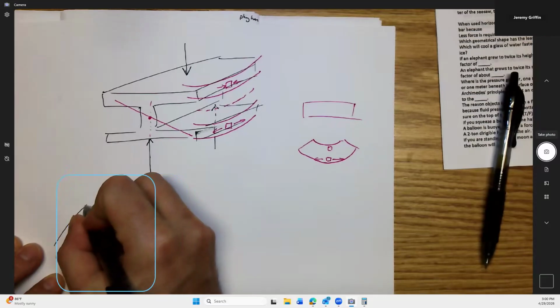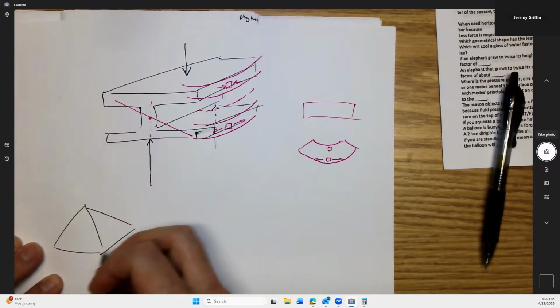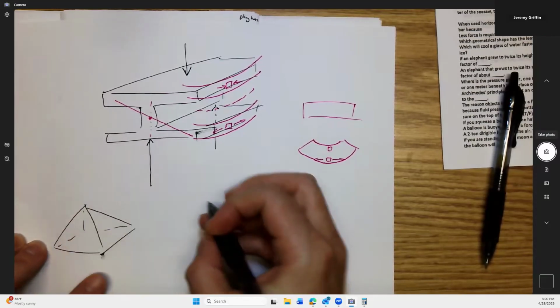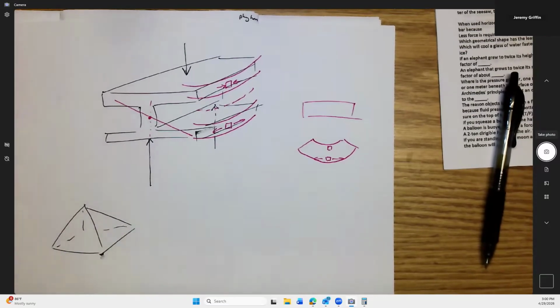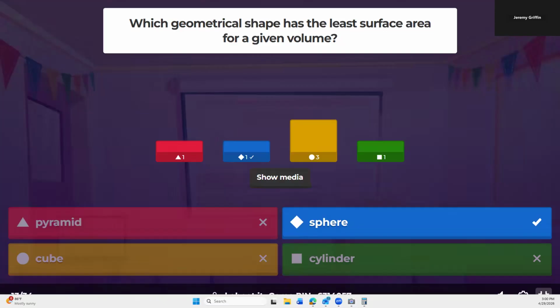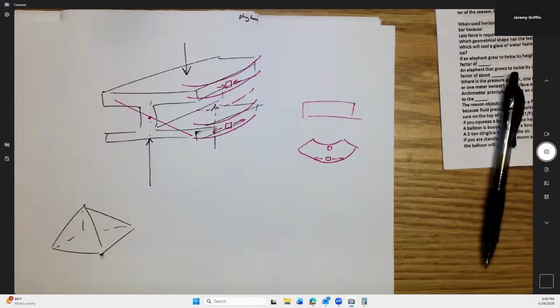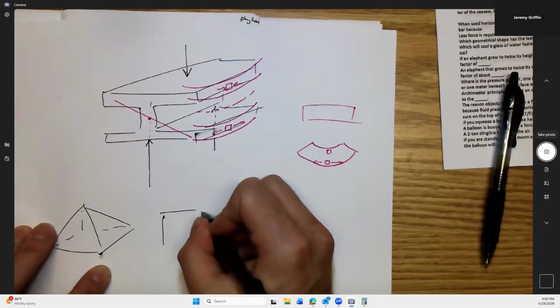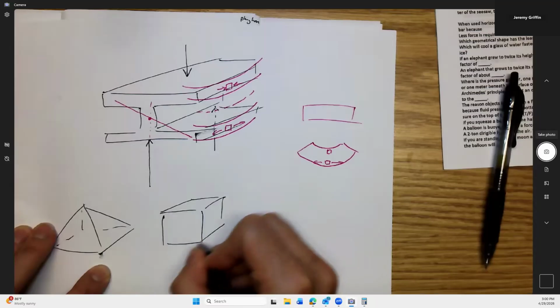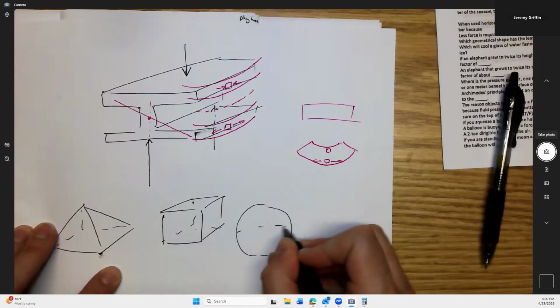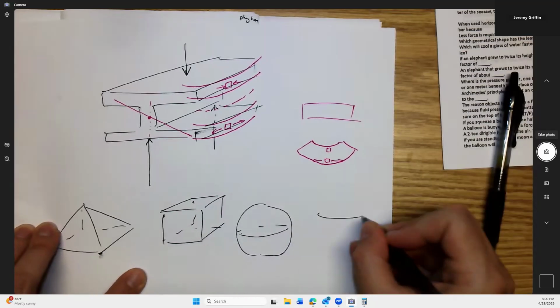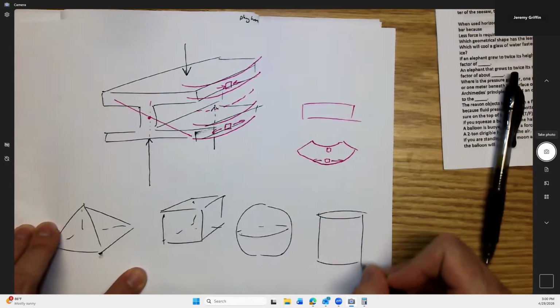Here's a pyramid, something like that. We had a cube. Right, there was a cube. There's a sphere. And a cylinder.